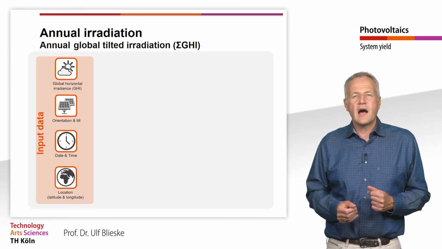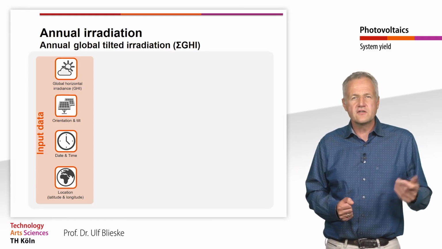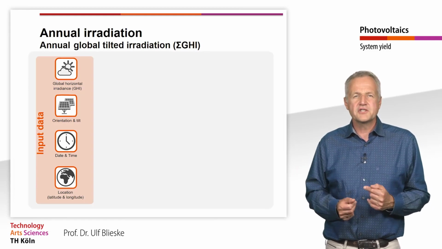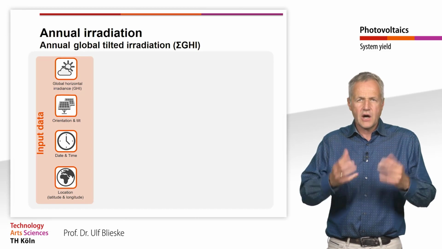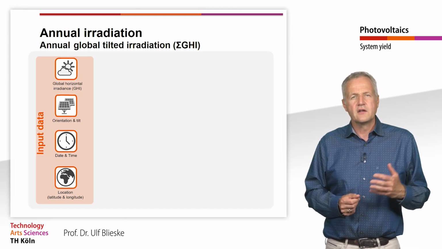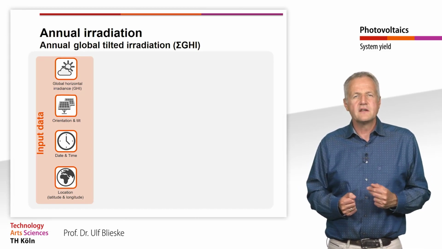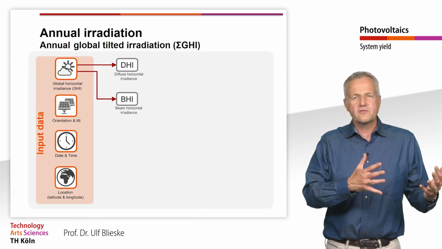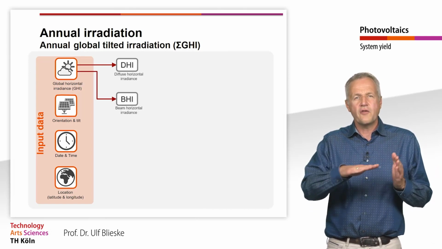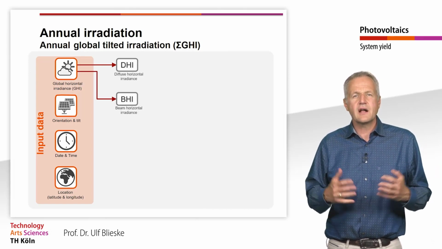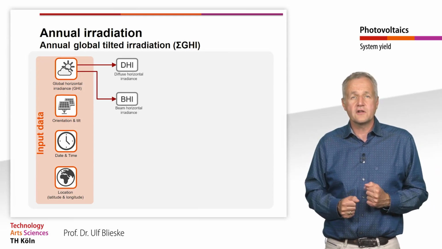To calculate the annual irradiation on the tilted surface, the following calculation is performed for each hour of the year. From the hourly weather data, the direct and diffuse radiation component of the horizontal radiation is calculated using physical models.